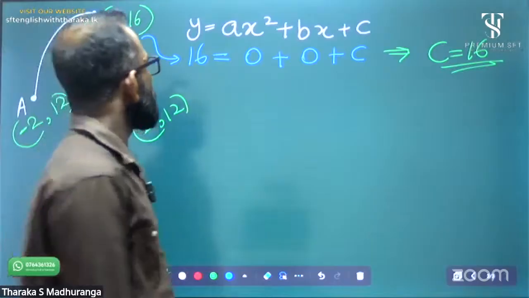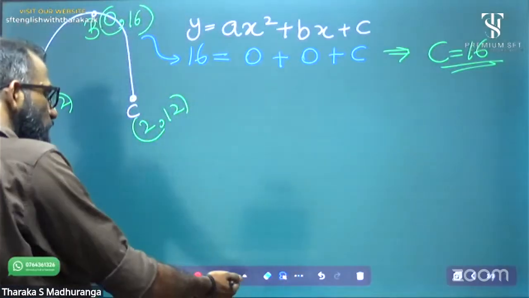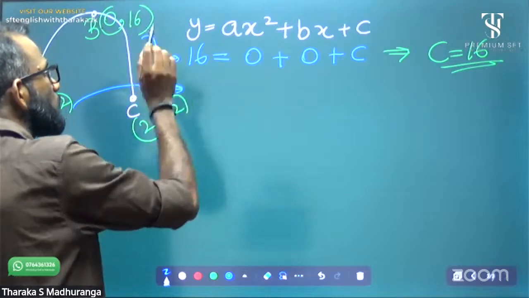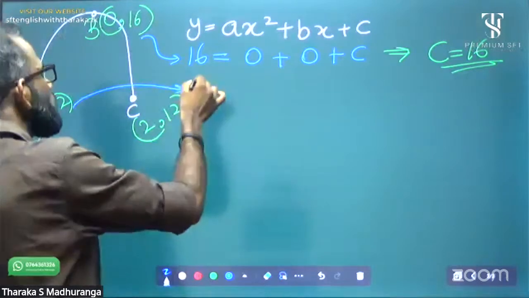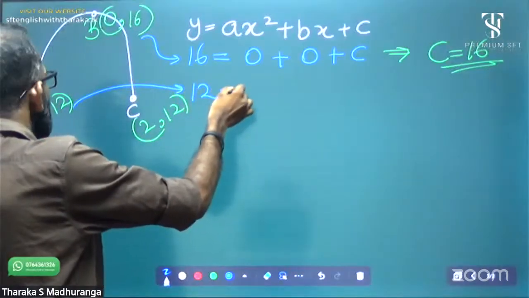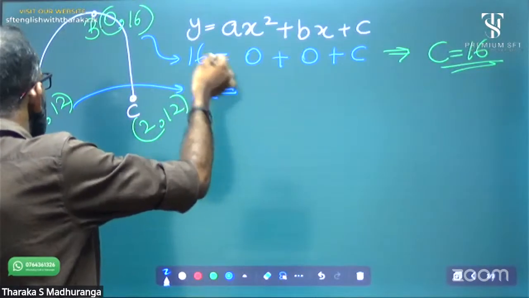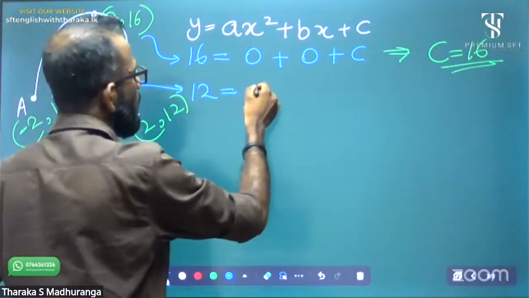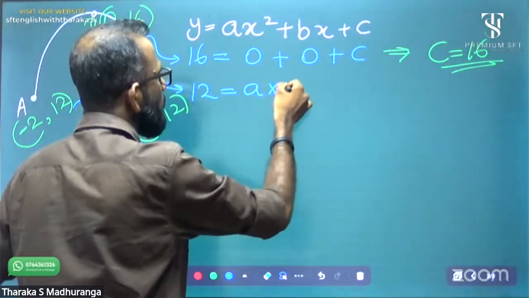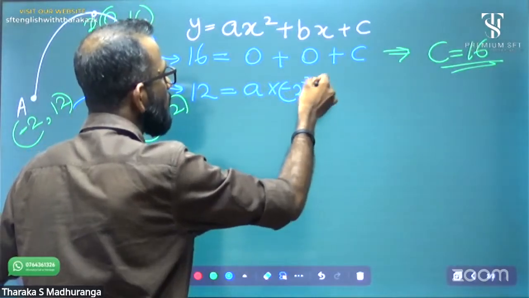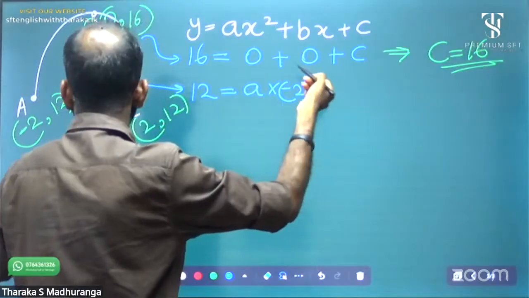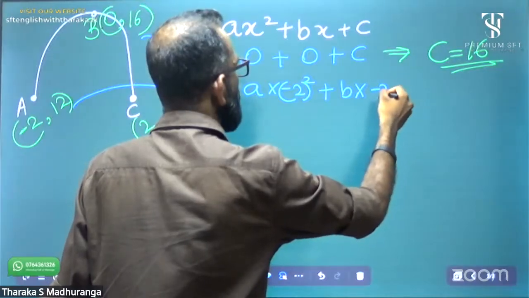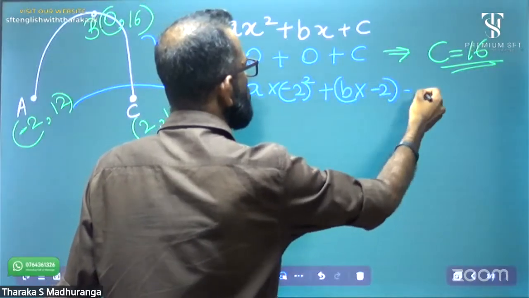Then I am going to substitute the second point into our common equation. Second point, what is the y value? 12. 12 equals a times x value minus 2, squared, plus b times minus 2, plus 16.